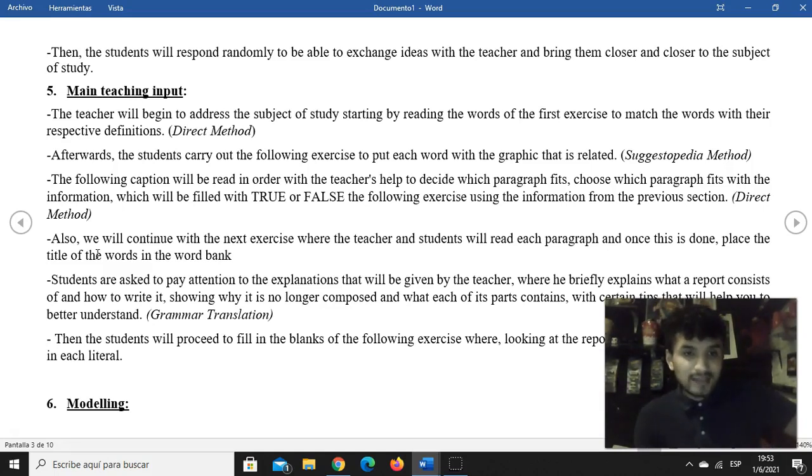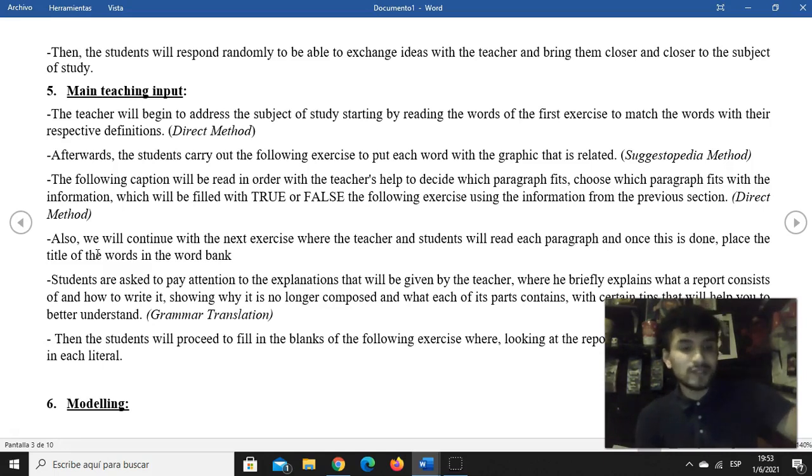Students are asked to pay attention to explanations given by the teacher, where he briefly explains what a report consists of and how to write it, showing how it is composed and what each of its parts contains, with certain tips that will help my students understand better.